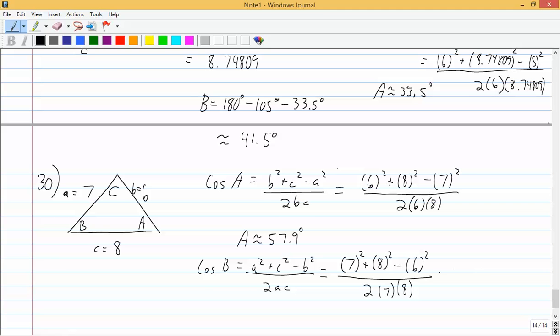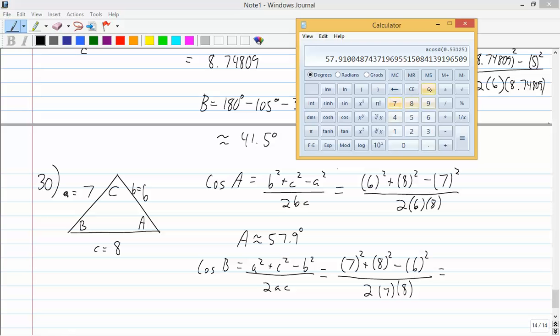Okay, so that's equal to, and I'll use the calculator to do that really quick. So that's 49 plus 64 minus 36 divided by 2 equals, divided by 7 equals, divided by 8 equals, and so that's what the cosine of angle B is equal to.